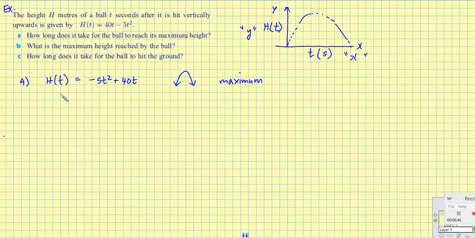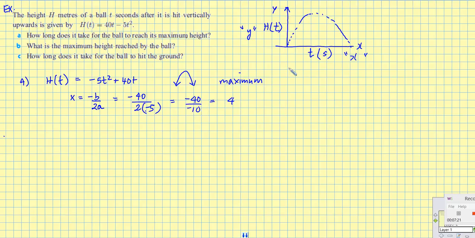Therefore, I'm going to take my axis of symmetry formula, x is equal to negative b over 2a, which will become negative 40, oops, made a mistake there, it's negative 40 divided by 2 times negative 5. And so that will give me negative 40 divided by negative 10, which makes it 4.